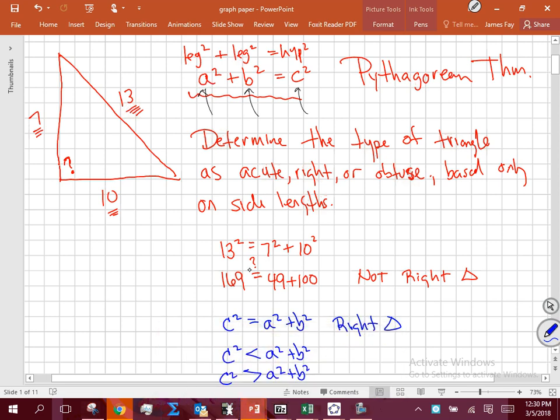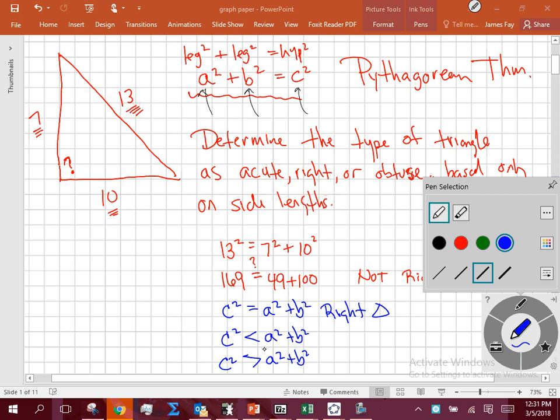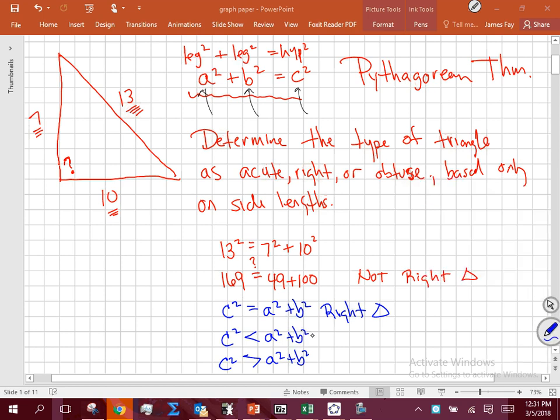Now, to distinguish this and to answer the question of whether something's a right triangle or not, I like to have my C, my hypotenuse, or my longest side first, because then it makes it easy, I think, to logically make an argument. Because when you see less than, okay, if it's not right, it's got a chance of being acute or obtuse, right?